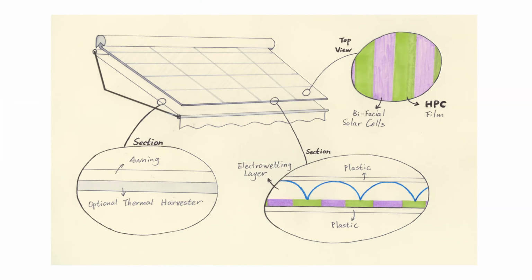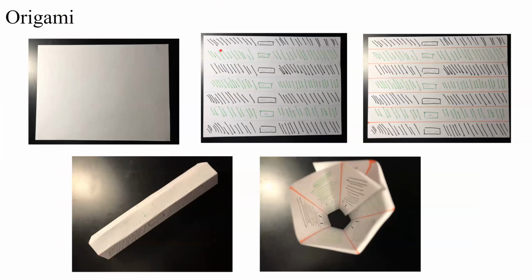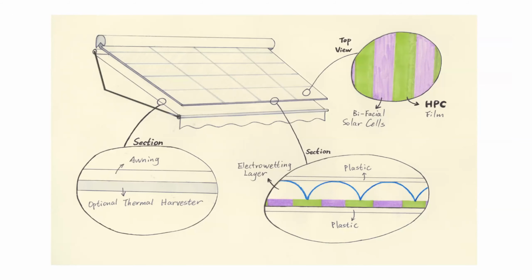Besides that, we incorporate our awning with origami folding technology. Quick question. Why do you have the HPC film there? Oh, so HPC film can let through the unwanted lights, for example, infrared lights, so the solar panel can just absorb the wanted wavelength.